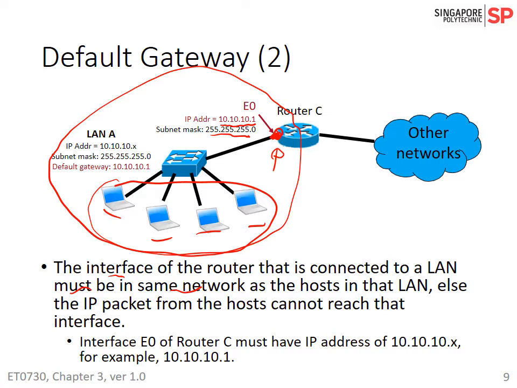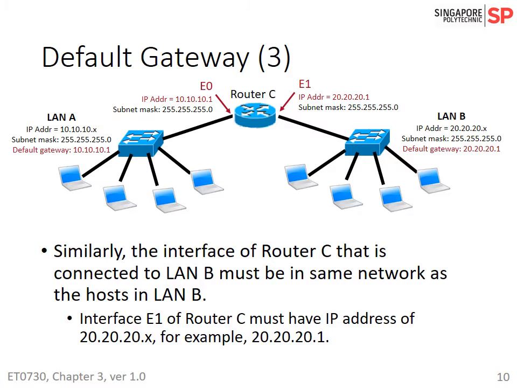If you set the default gateway to be, for example, 20.10.10.1, and you tell all these PCs to go to 20.10.10.1 to find the default gateway, these PCs will not be able to find it because they realize it's actually in a different network, and I can't reach a different network unless the default gateway is in the same network as me. Then I can ask the default gateway for help.